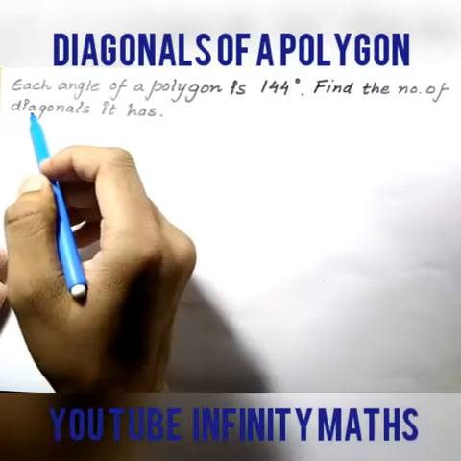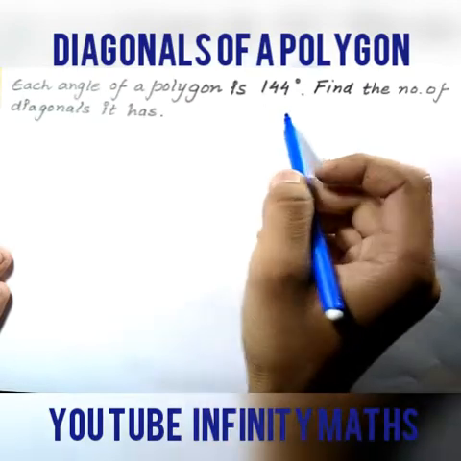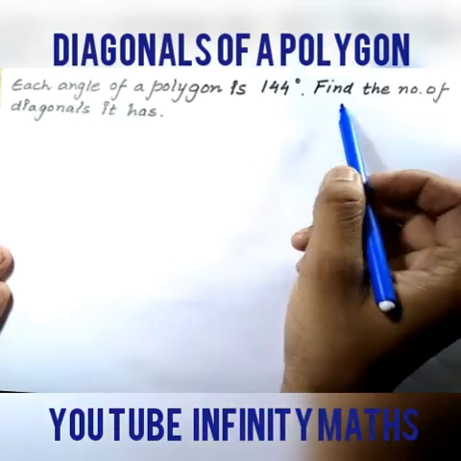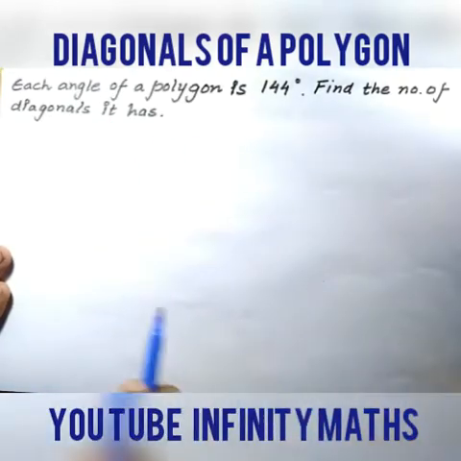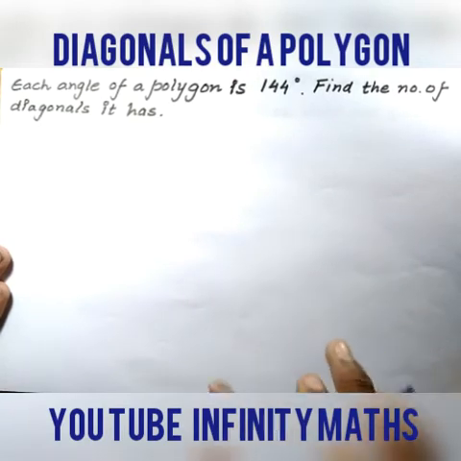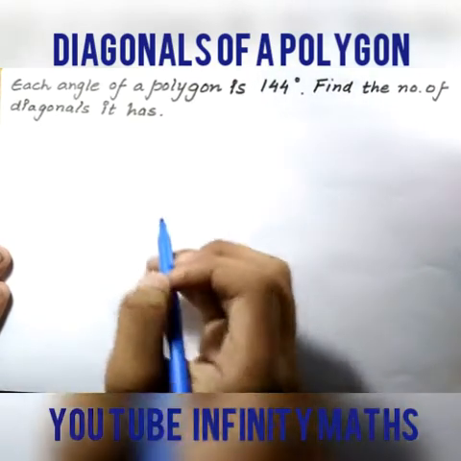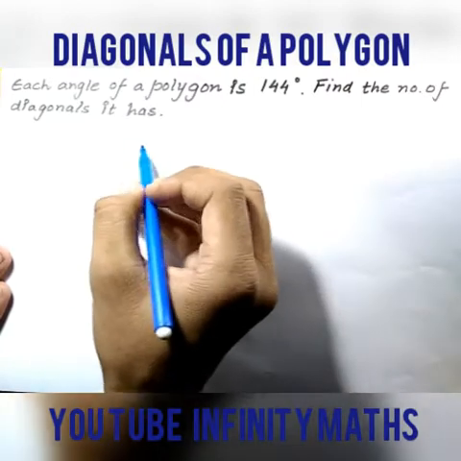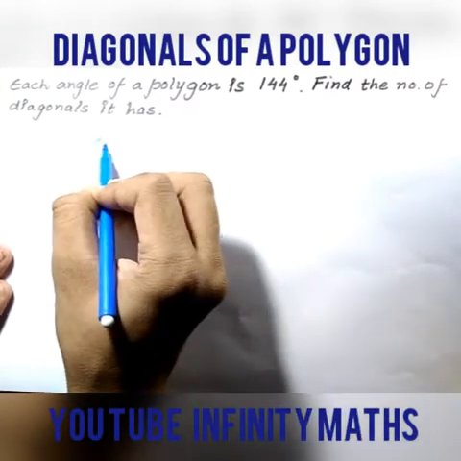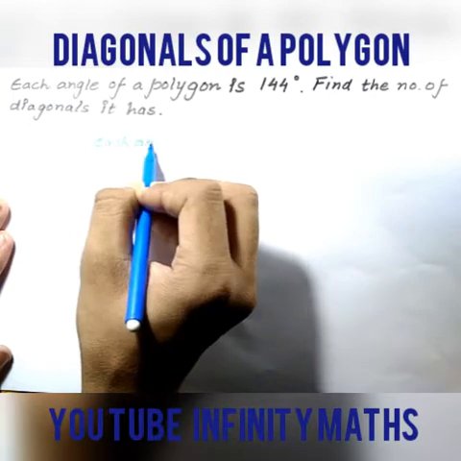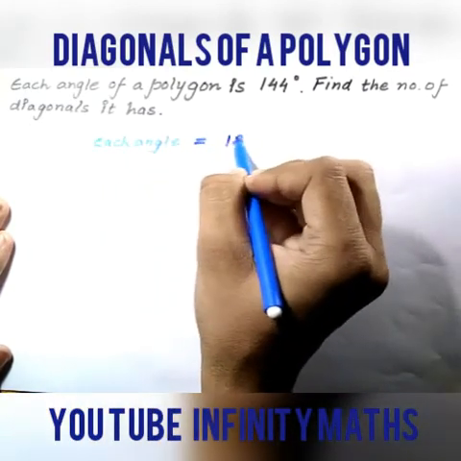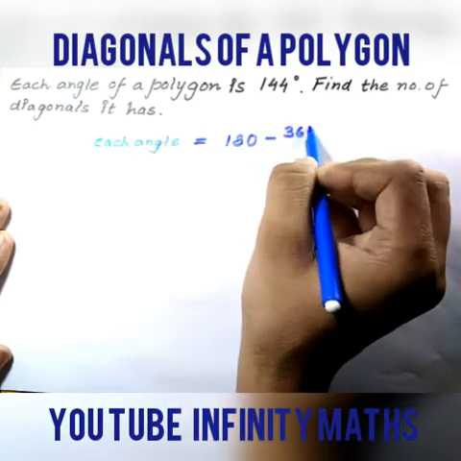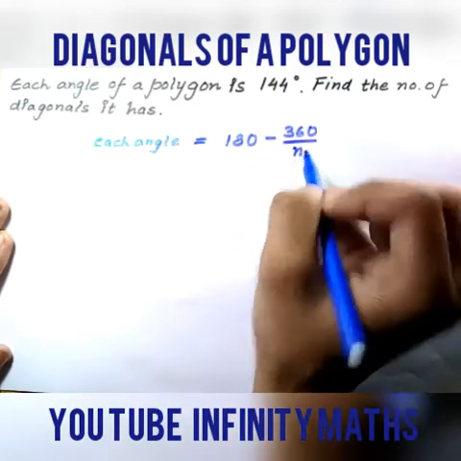Next question is, each angle of a polygon is 144 degrees. Find the number of diagonals it has. In an earlier video, we discussed how to calculate each angle of a polygon, and the formula was each angle is 180 minus 360 upon n.